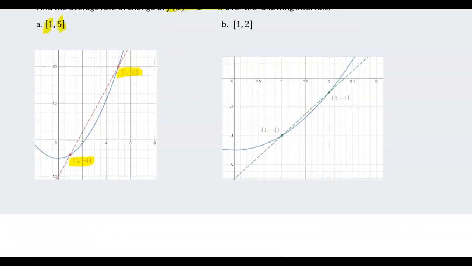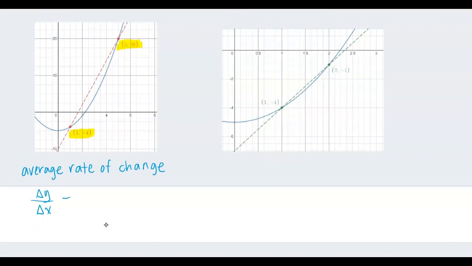So for this first example, I think that the average rate of change, the change in y over the change in x, is going to be 20 minus a -4, right?